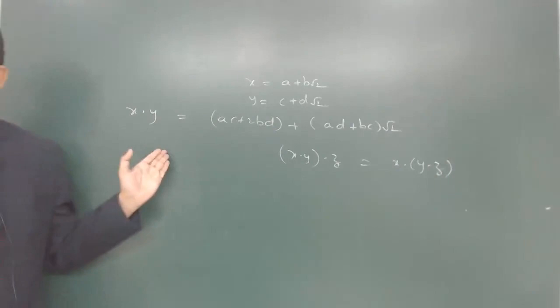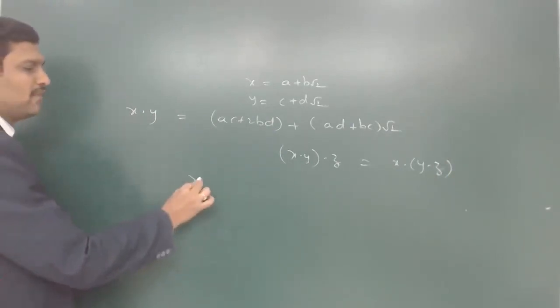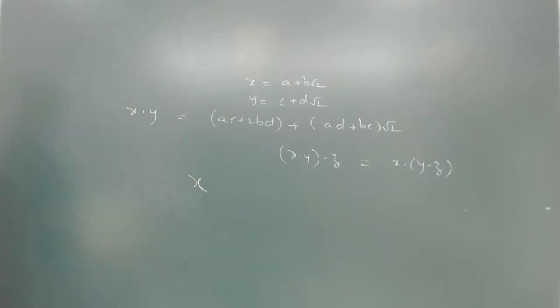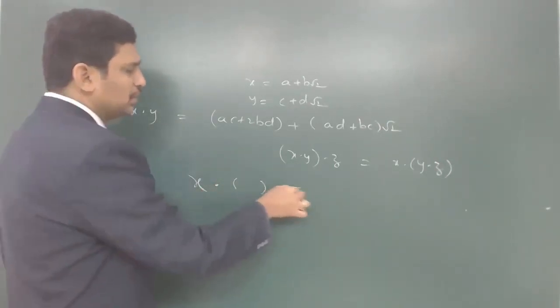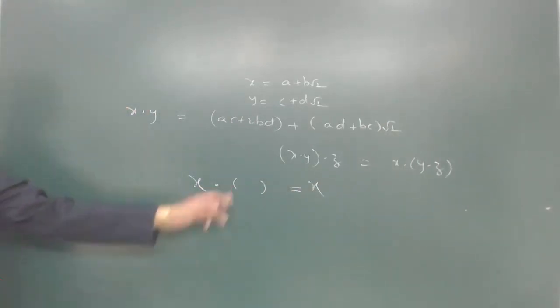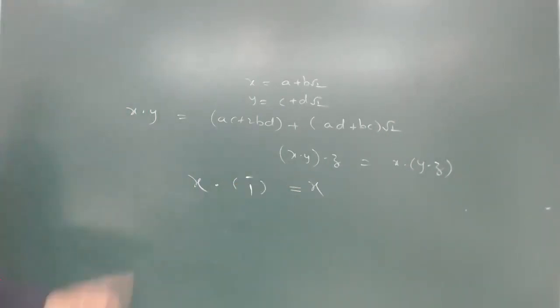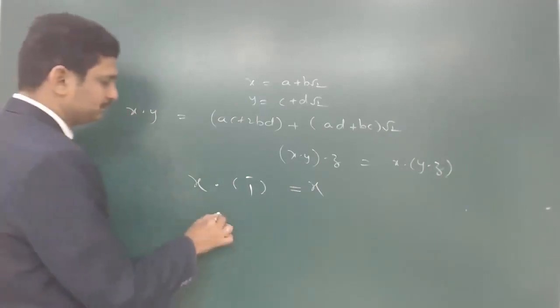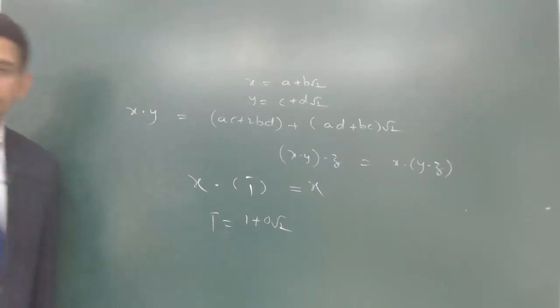And coming for identity, whenever you take the element x, you have to multiply with an element so that you should get x again. So this element I am denoting with the symbol 1, which is nothing but 1 plus 0 root 2.